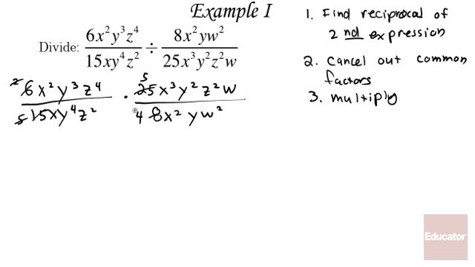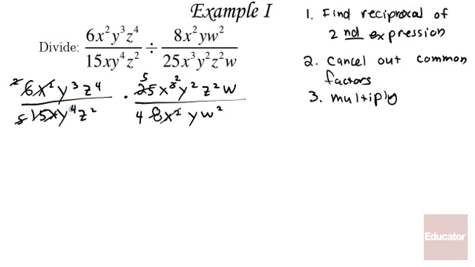So I'm done with my numbers. And now I want to work with my first variable, which is x. So I have x squared here and x squared here. I still have some x's left in the numerator and denominator. So I have an x cubed here and an x in the denominator. This x cancels out to give me x squared. Working with the y's.